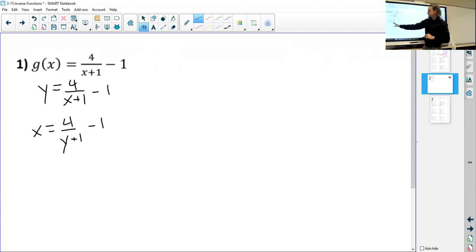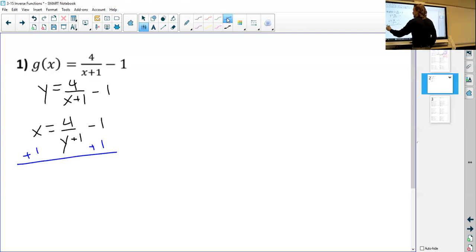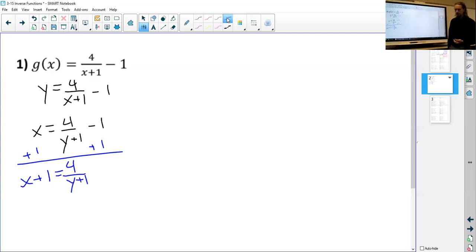Okay. So now I want to get y by itself. So if I have a y in the fraction, but then I have a plus or minus at the end, I need to get rid of that first. So I'm going to do plus 1 to both sides. So that gives me x plus 1 equals 4 over y plus 1. And now I want to get rid of this fraction. So I'm going to multiply both sides by y plus 1.